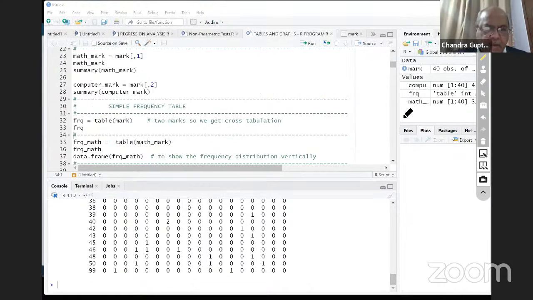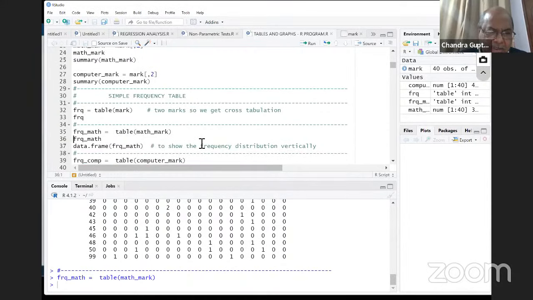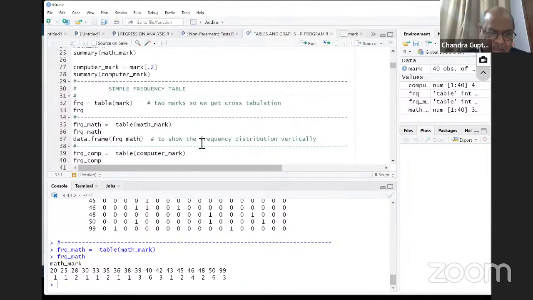Then similarly, I can make a frequency distribution for the marks in maths. And the output is coming in a horizontal fashion. I don't want it in the horizontal fashion. If you want it vertically, then you have to define it as a data frame.